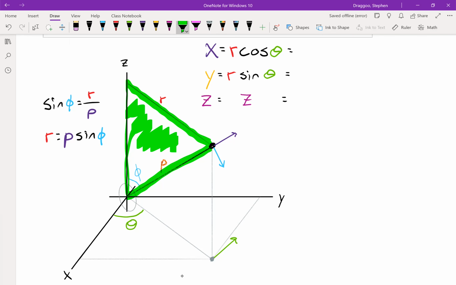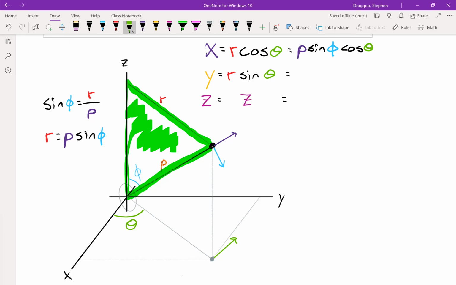So up at the top, I've got our cylindrical coordinates written down again. So x is r cosine theta. And if we want to extend that into spherical coordinates, we'll just replace r, which is a cylindrical coordinate, with rho and phi, which are the spherical coordinates. So r is equal to rho sine phi, which is where the rho sine phi comes from in the x equation of spherical coordinates, and then still multiplied by cosine theta.